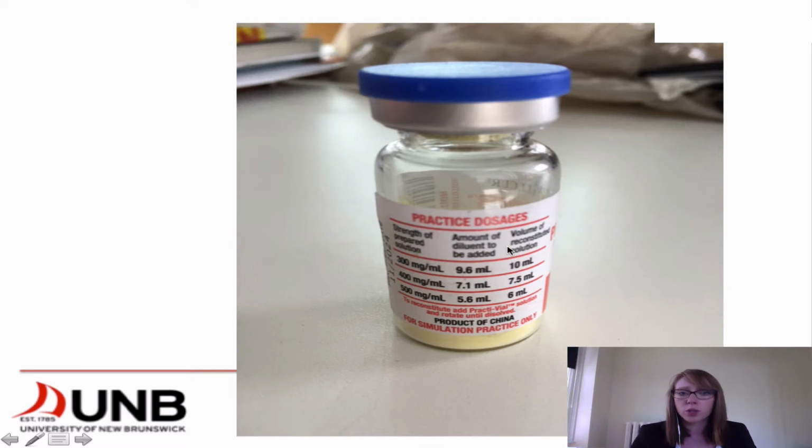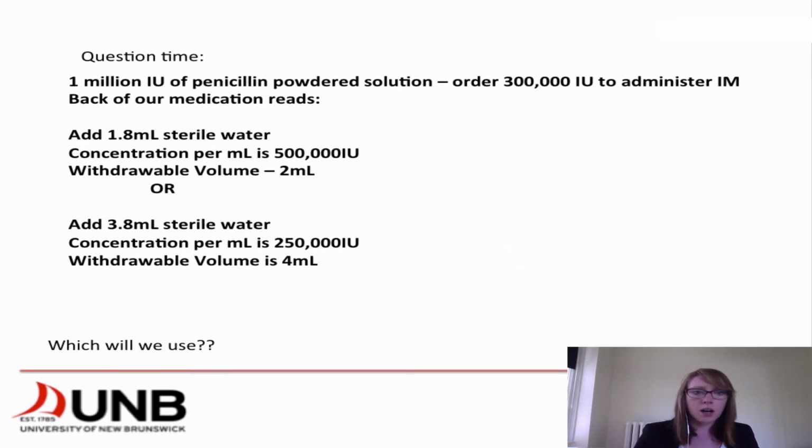So let's move into a question. We have 1 million international units of penicillin in a powdered solution, and our order is 300,000 international units IM. The back of our medication says to add 1.8 mils of sterile water if we want a concentration of 500,000 international units per mil.